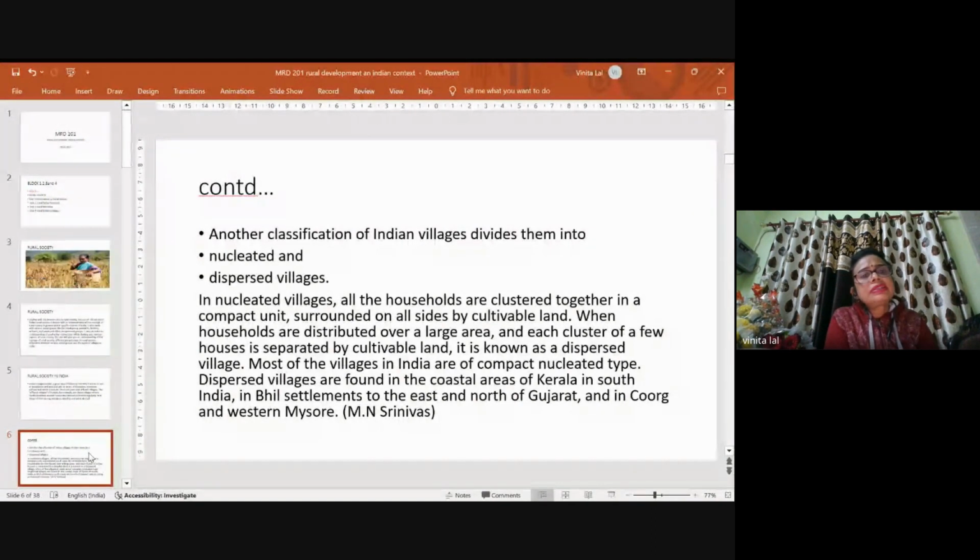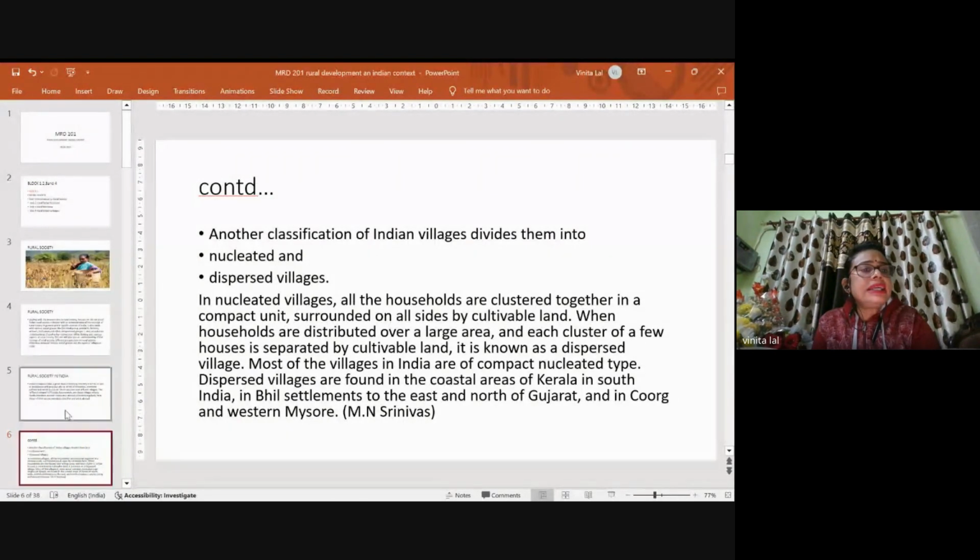Cluster settlement contrasts with dispersed settlement and linear settlement. One type is polyfocal settlement, that is, two or more adjacent nuclear villages that have expanded and merged to form a cohesive overall community. A subcategory of cluster settlement is the planned village, a community deliberately established by the landowner or the state and the enforced planning policy of local authorities and the central government.